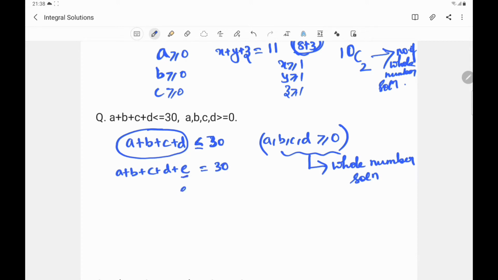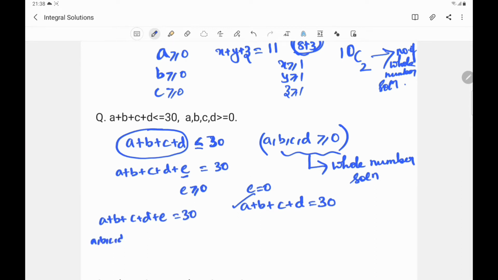This thing which I have added should be greater than or equal to 0, because if it is 0, a plus b plus c plus d is equal to 30, and the condition given in the question is still valid. Now we have an equation where a plus b plus c plus d plus e is 30, and all the variables a, b, c, d, e are greater than or equal to 0.